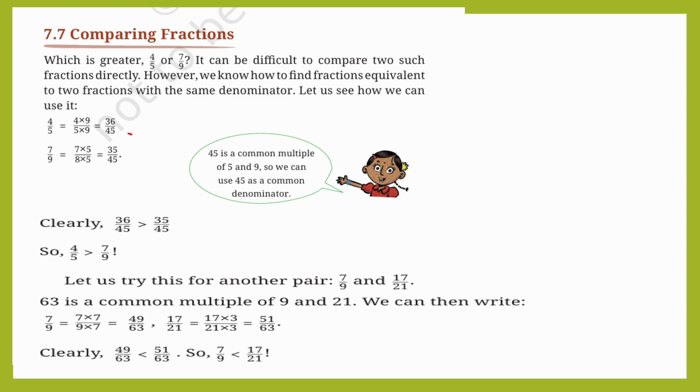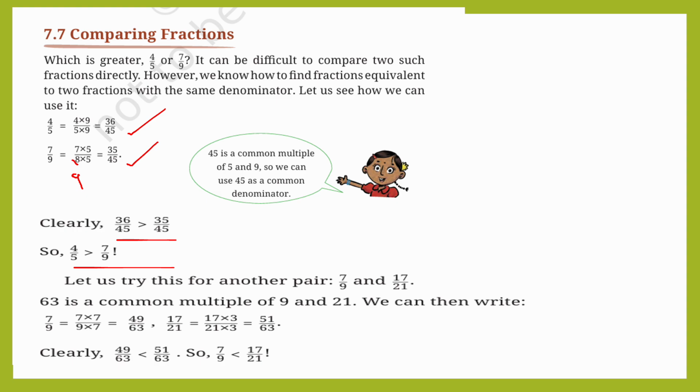Then again 7 by 9, you multiply both numerator and denominator by 5. 7 into 5 is 35, and 9 into 5 is 45. So 35 by 45. Clearly, the denominators are the same, 45. So clearly 36 by 45 is greater than 35 by 45. So 4 by 5 is greater than 7 by 9.